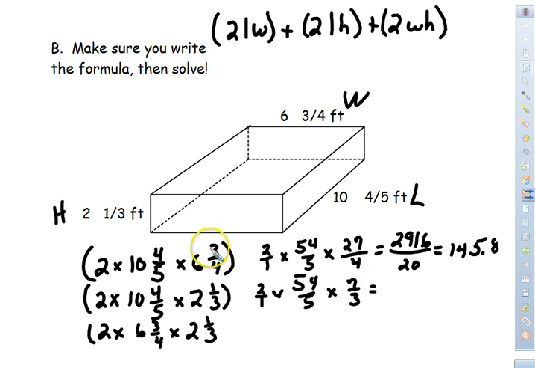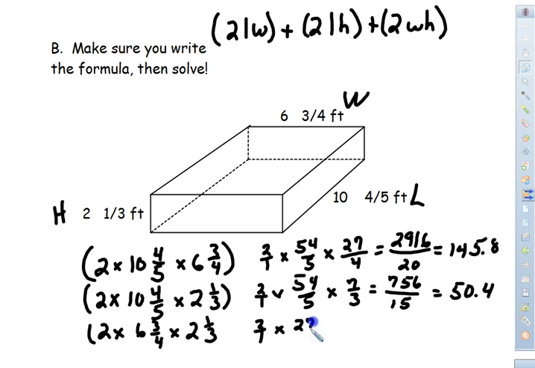And again, you're going to get 2 times 54 times 7, which equals 756 over 15 from 1 times 5 times 3. And divide 756 by 15, and I get 50.4.